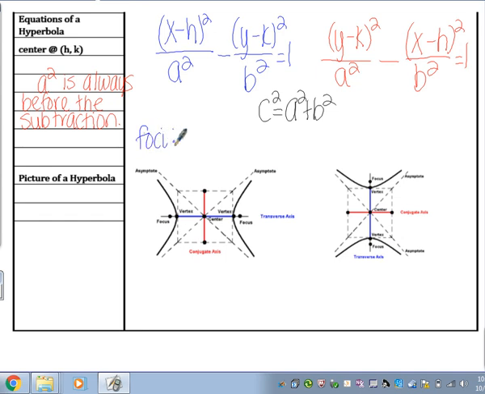Foci here, once you find C, you're going to do h plus or minus c, comma k. And to find the foci of the up-down hyperbola, when y is before the subtraction, you're going to have h and then k plus or minus c.